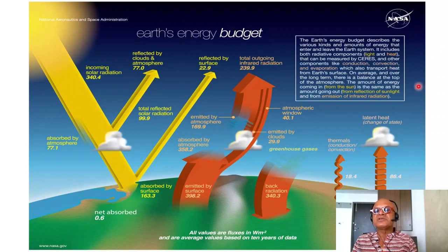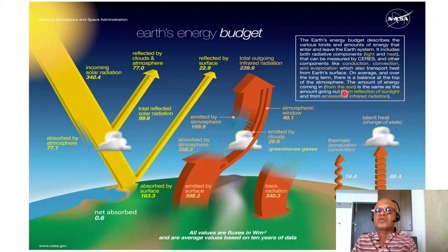So Earth's energy budget describes the various kinds and amounts of energy that enter and leave the system. It includes both radiative components in light colors and heat, which is the infrared energy in red. They can be measured by satellites like CERES and other components like conduction, convection and evaporation, which also transport heat from the Earth's surface.